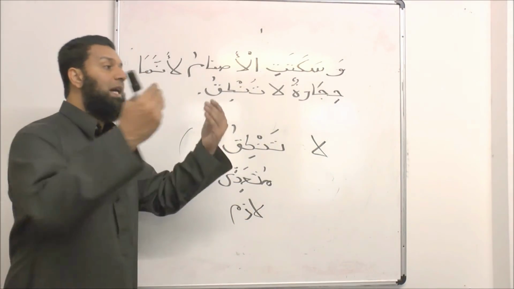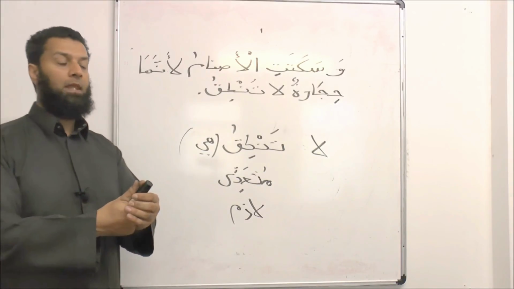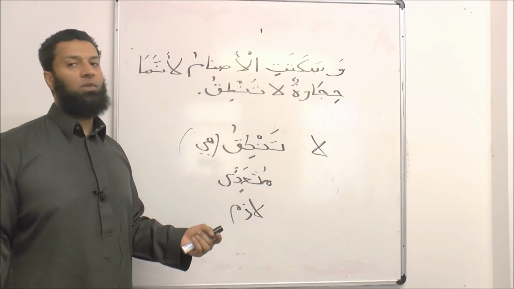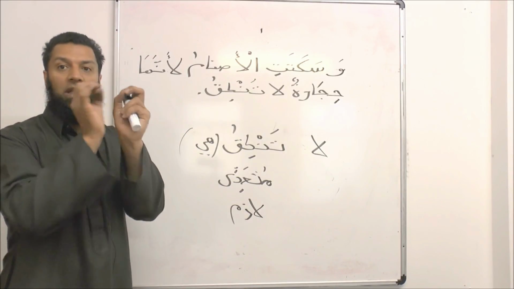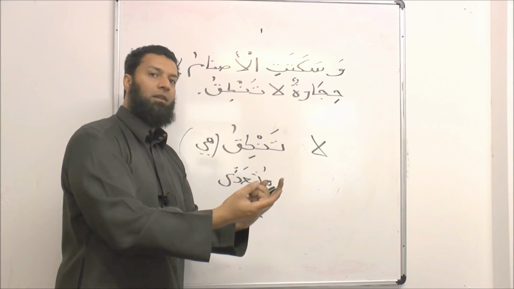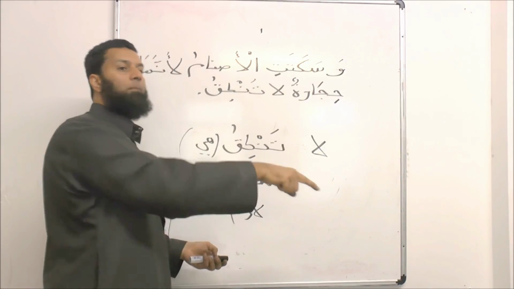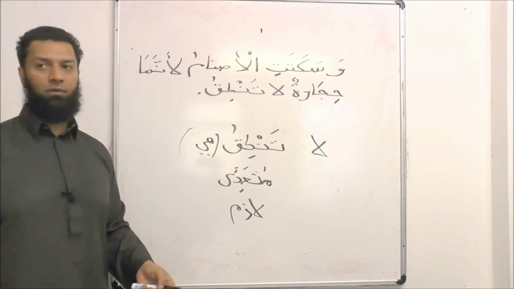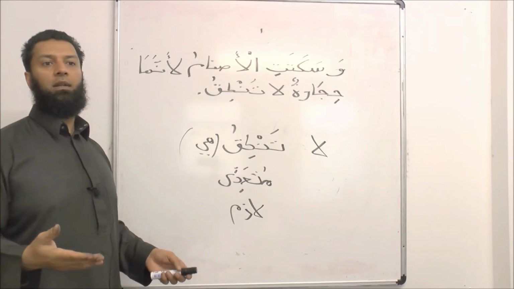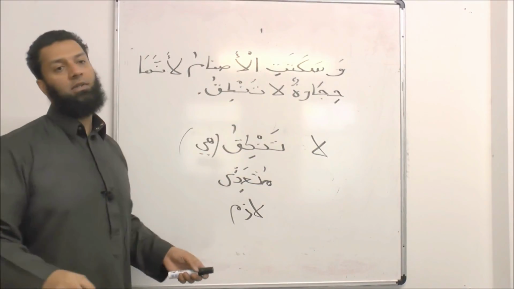If you say ra'aytu, I saw, what are you waiting to hear next? What did you see? So my ru'ya, my seeing, goes beyond me and falls upon the thing that I saw.